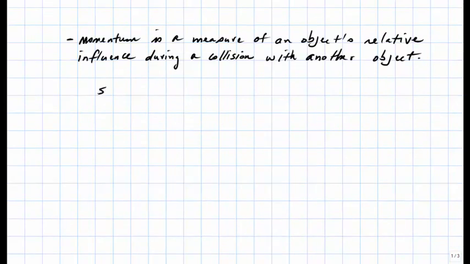The symbol for momentum is P, and momentum is a vector quantity, so we'll indicate it by including an arrow over the P.